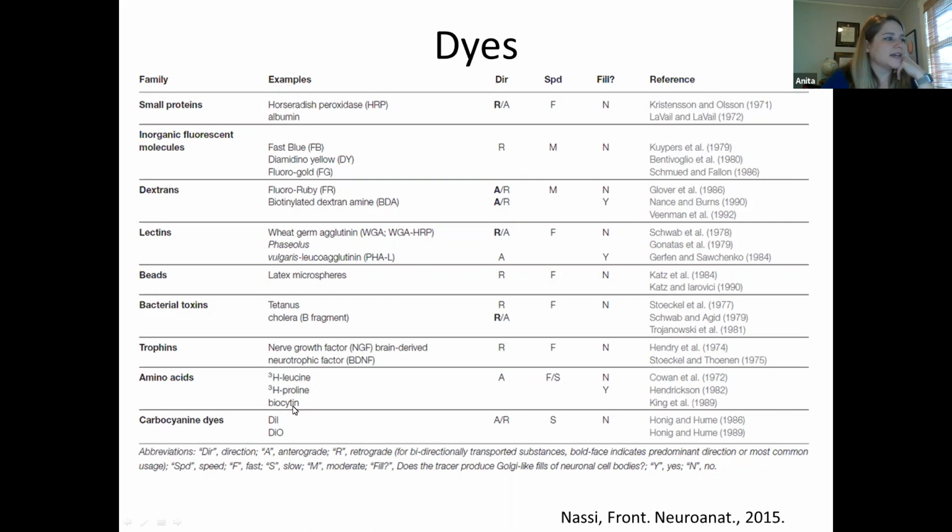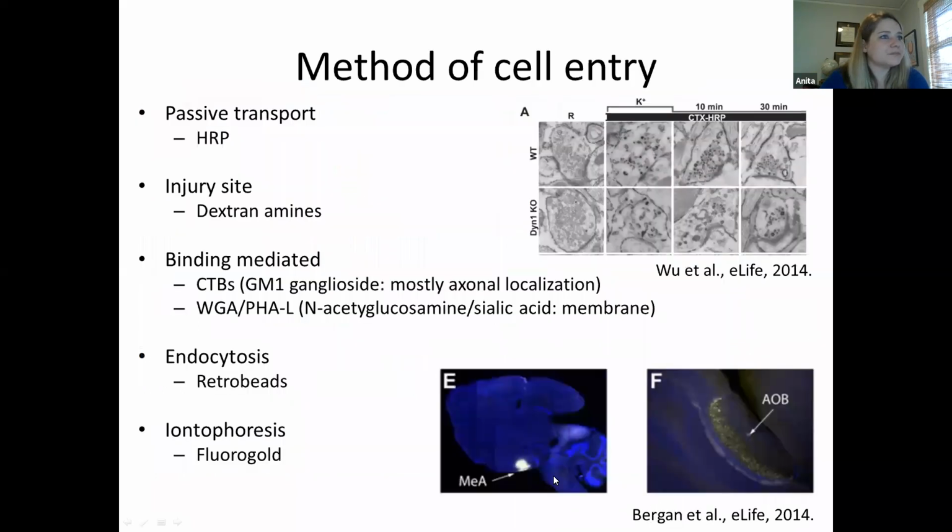And then these, I'm not as familiar with, biocytin, which of course is used a lot in physiology if you want to fill a cell. And then DiI and DiO, they go both anterograde and retrograde. So if you're just looking to see where you dropped a pipette in the brain, for example, you might use DiI or DiO, but it's going to go both directions. Some of these others have more preference for one direction or the other.